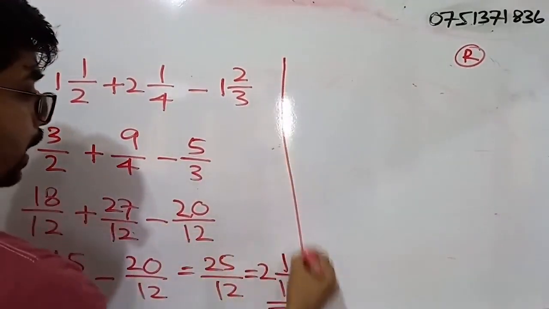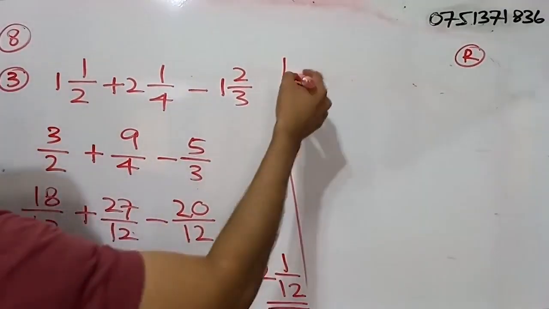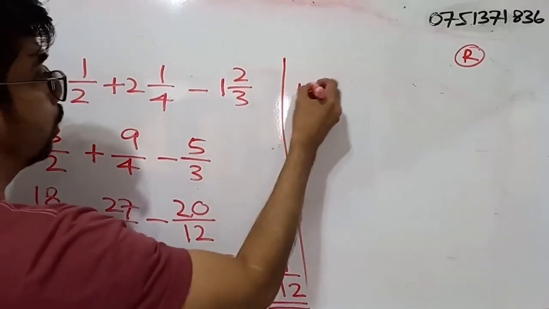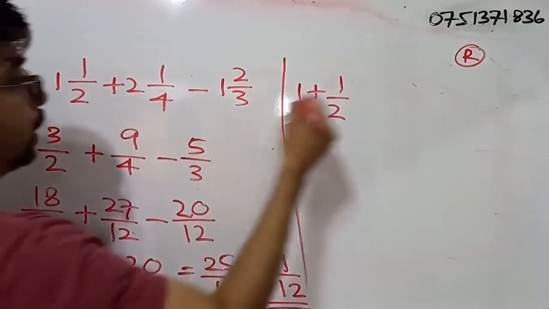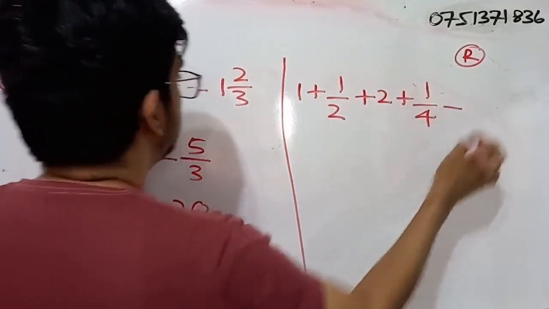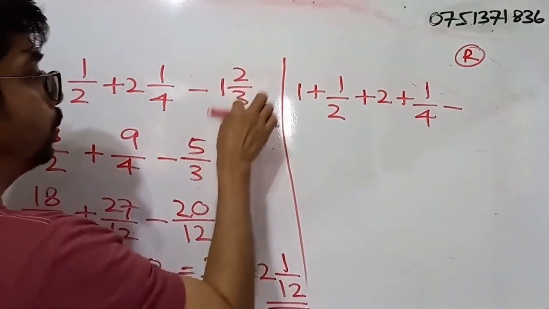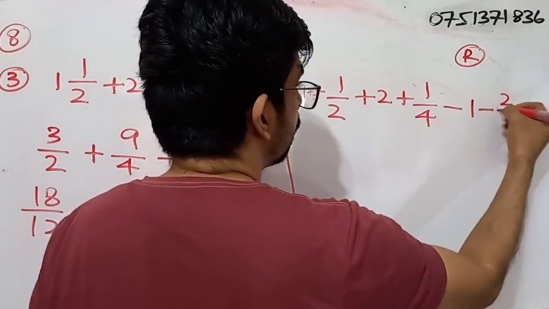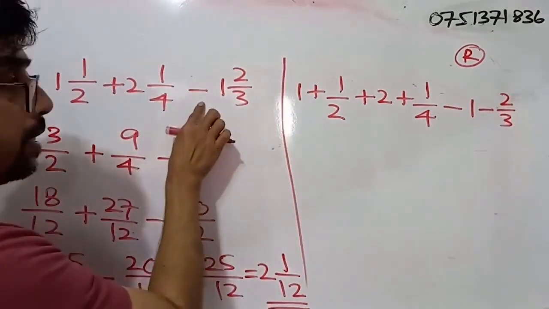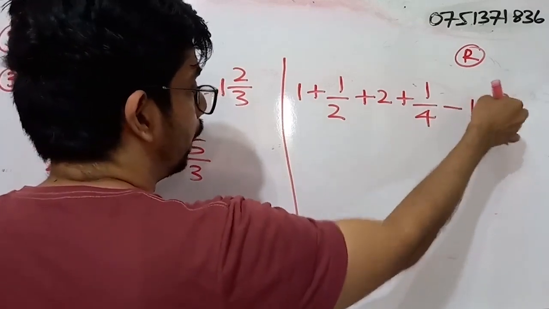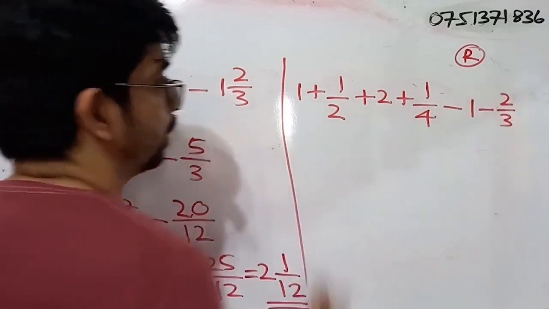So I will do that as well. Right? So 1.5 I can break into what? 1 plus half. 2 and a quarter I can break it as what? 2 plus quarter. Minus 1 and 2/3 I can break it into what? Minus 1 minus 2 by 3.